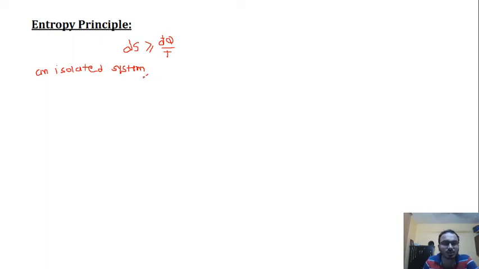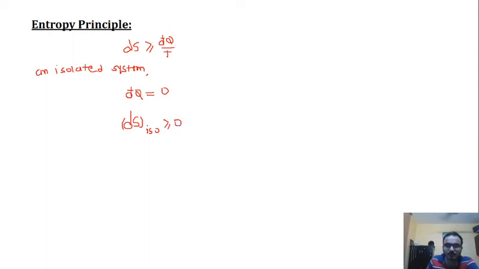The main feature of an isolated system is that đQ is 0. So for an isolated system, we can write that dS will be greater than or equal to 0.